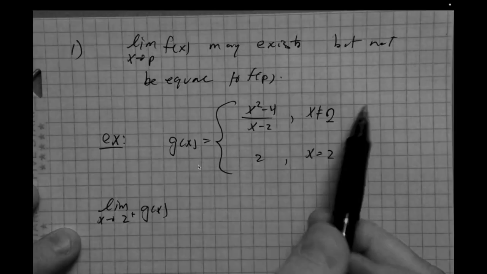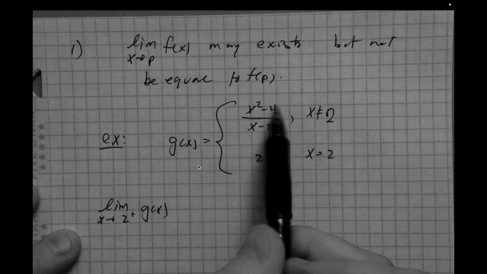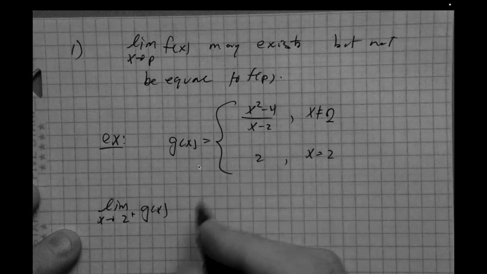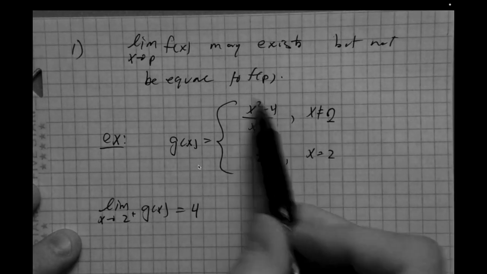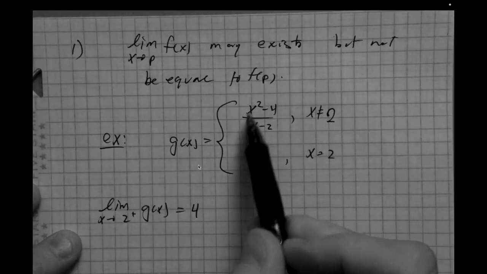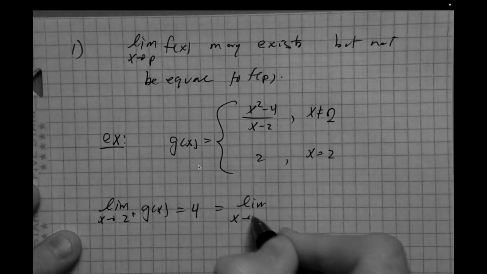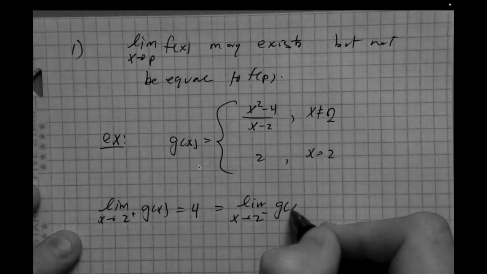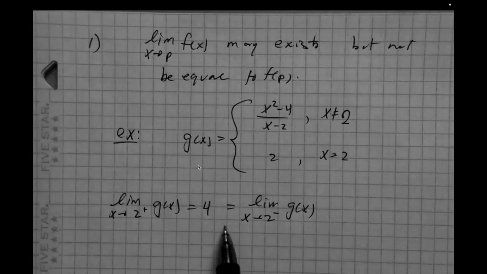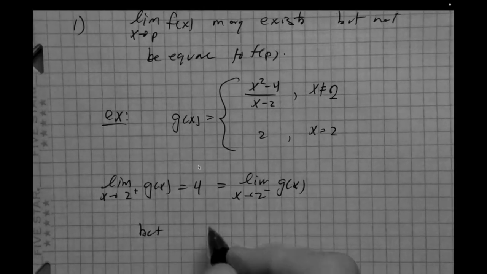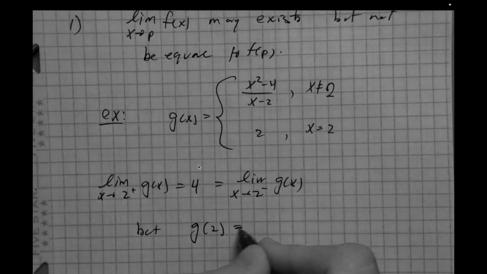X is not equal to 2, but it's approaching it. And you can plug this in. You can do a little work on this, do some factoring and some canceling, and you'd see that this is equal to 4. And if you approach 2 from the left-hand side, you would get the same thing. And so the left and right-hand side limits agree, but g of 2 is not equal to 4, it's equal to 2.